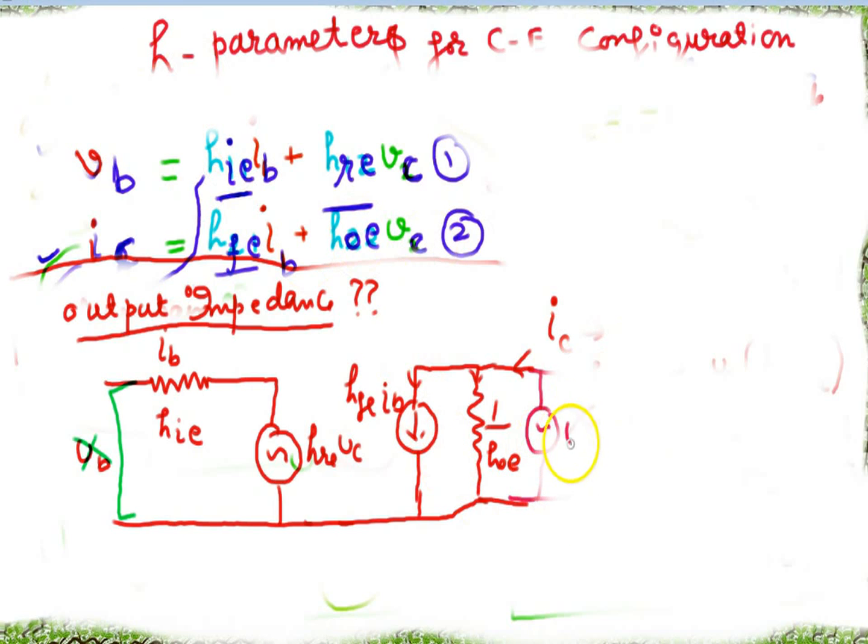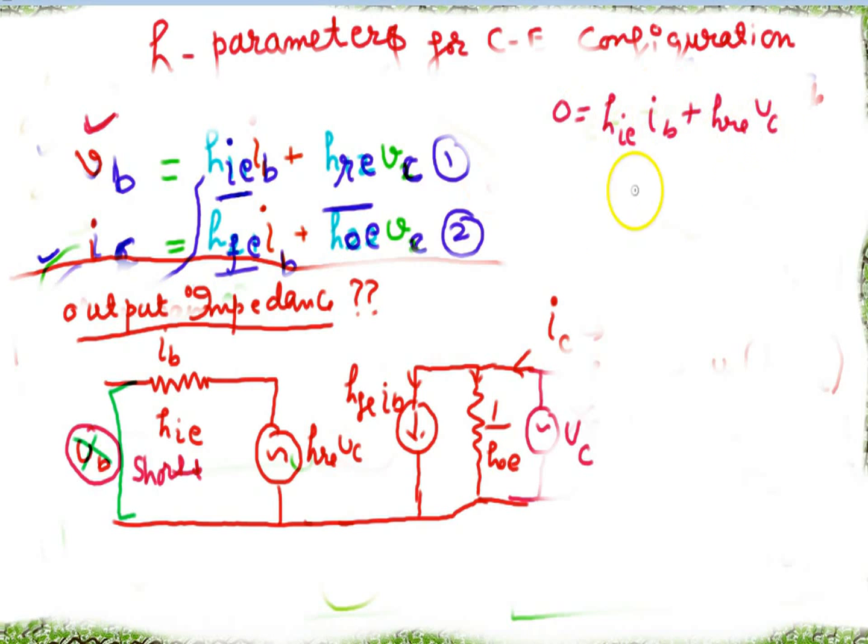So in the first equation, VB equals 0. So the first equation modifies like this. Solving this equation, simplifying, finding IB from here.